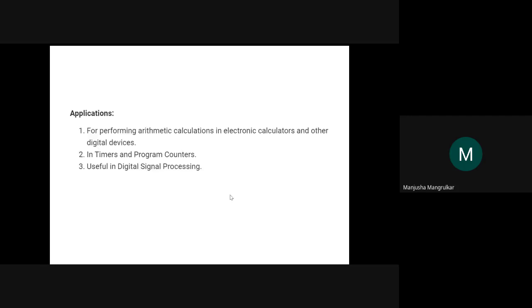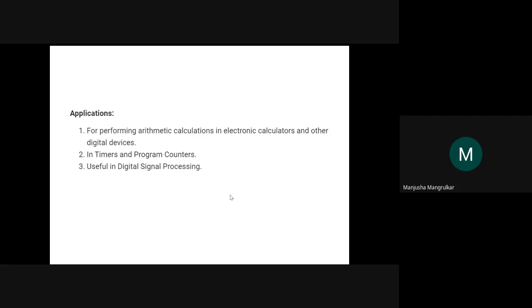Now what is the application of this adder and subtractor? They perform the arithmetic calculation in the electronic calculator and other digital devices. This is the best example or best application. Earlier, before computers, we worked on the calculator. So the calculator was the first digital device, and there they implemented the adder and subtractor, right? In timers and program counters, timer means what? Your timing is incremented by some time, right?